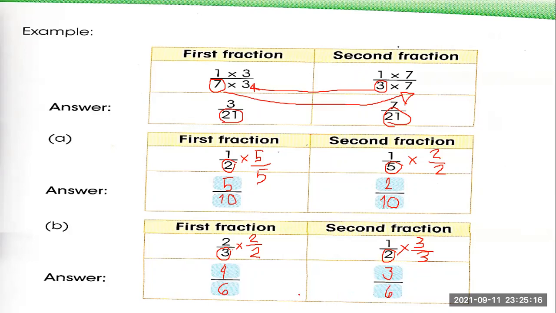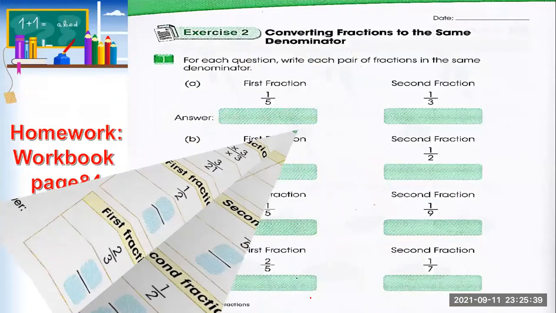Okay, as you can see, we have the same denominator of 6. Alright, did you get it? All you have to do is just to swap: multiply the denominator of the second fraction to the first fraction, and multiply the denominator of the first fraction to the second fraction to come up with the same denominator.